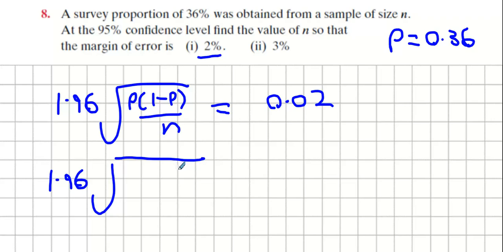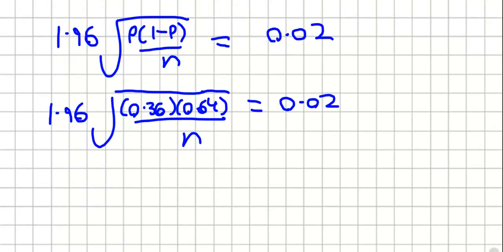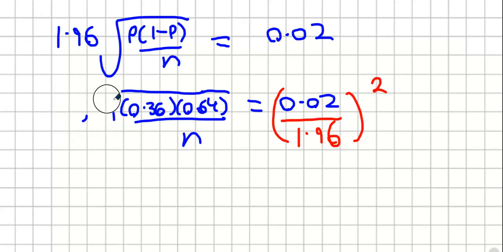You're going to fill out the formula, and then square everything and find the n value for me when you're ready. Right? All right. So bring the 1.96 underneath. Square both sides. And that essentially gets rid of the square root sign, doesn't it?